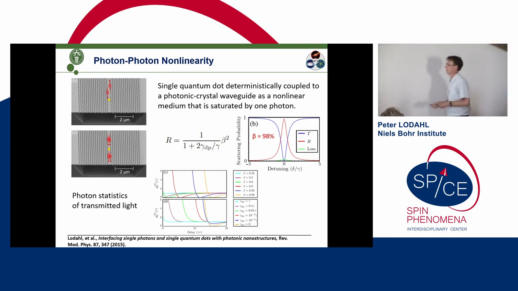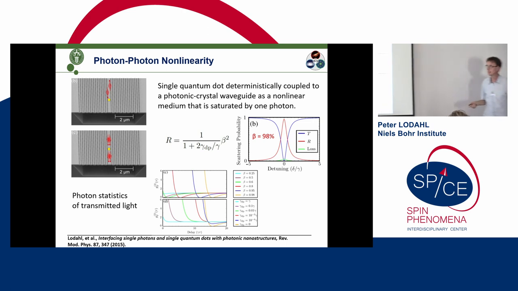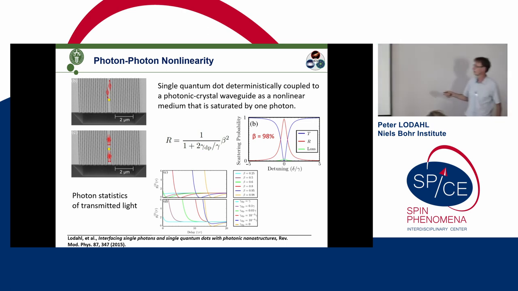We already heard about these photon nonlinear processes. So that would be a single quantum dot with high coupling efficiency scattering off a single photon with high efficiency. So if I take two photons and scatter them off a two-level system, well, the quantum dot can only scatter one photon at a time, right?